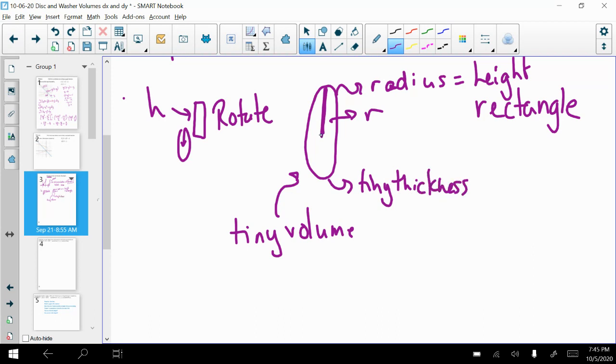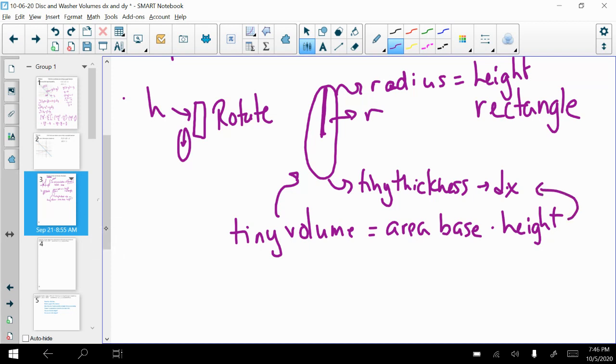The thickness is the same as the width of that rectangle. So that's our dx or our dy, whatever we're dealing with. The volume, remember, is just the area of the base times the height or the thickness, which is our dx.